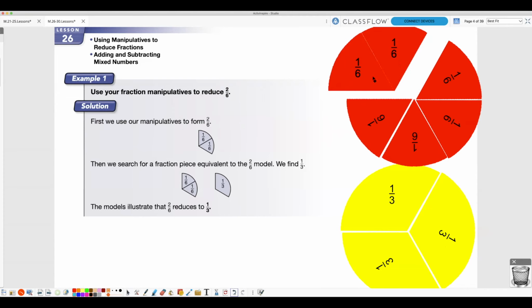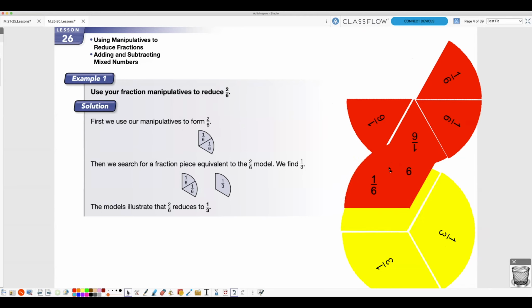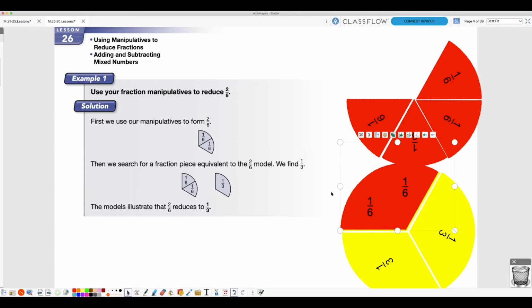I'm going to bring those two down and see what they form here. You can see they match up with that 1/3 there. So we can have that model to show that 2/6 reduces to 1/3. 2/6 will reduce to 1/3 using those manipulatives.